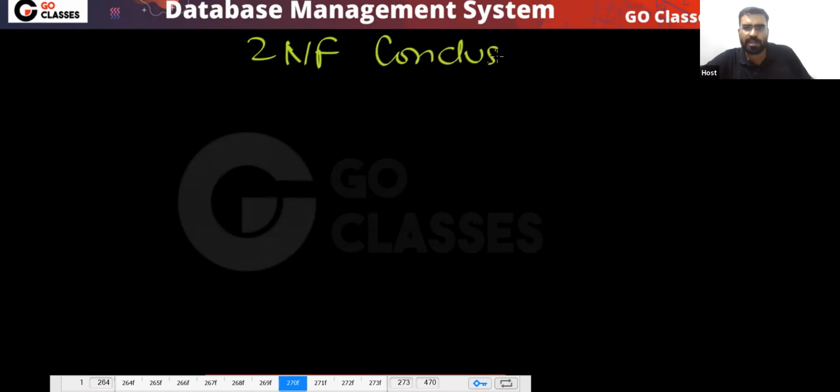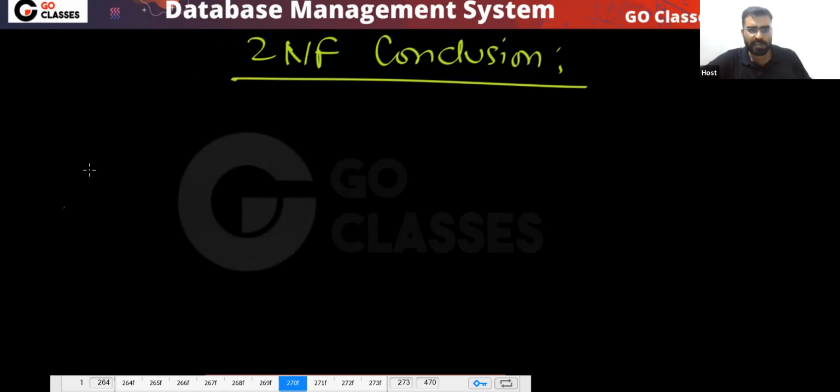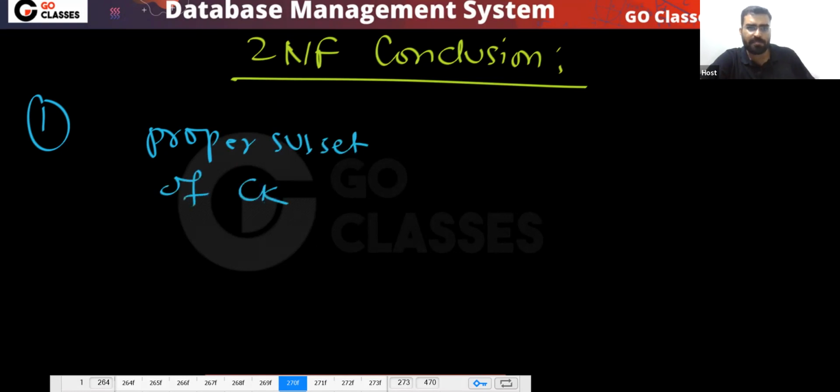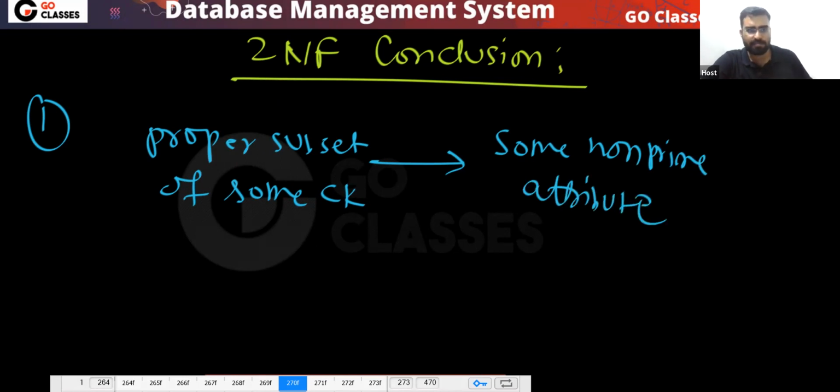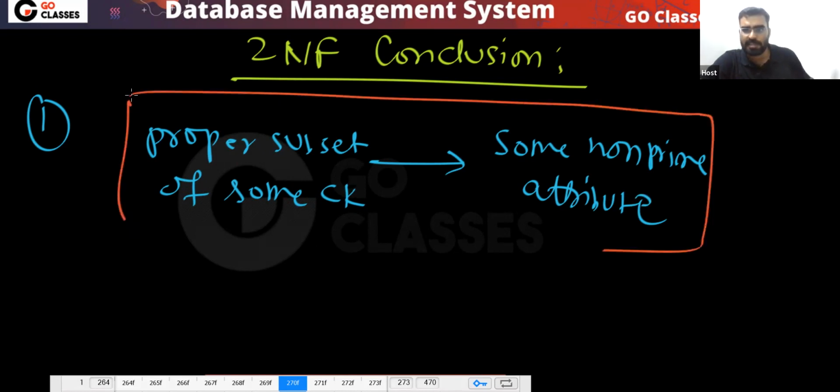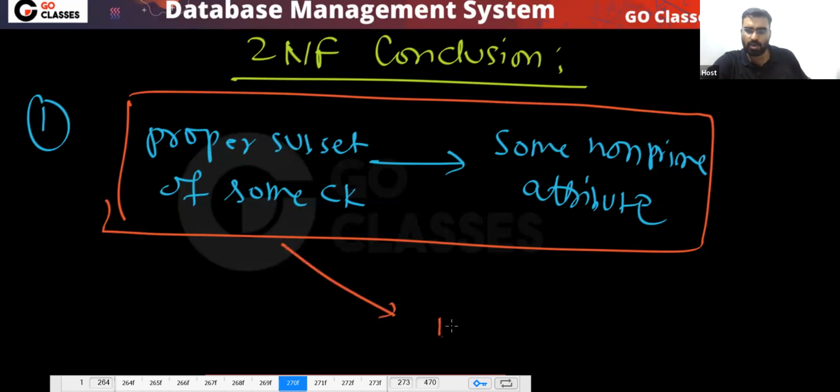The first important point is: if a proper subset of some candidate key determines some non-prime attribute, this is the violation of 2NF. Remember, this implies not 2NF.